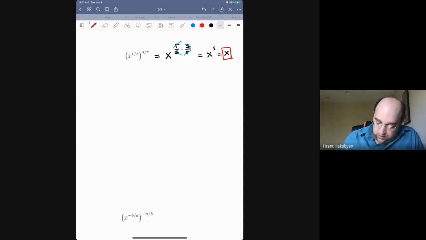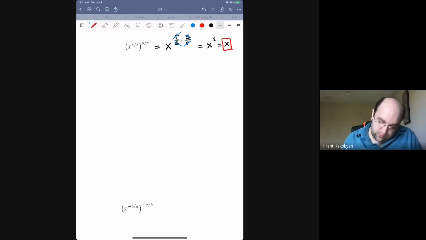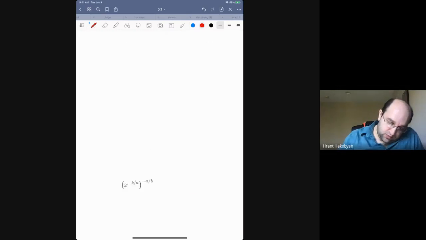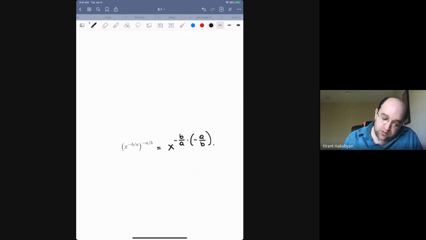Okay? And similarly for this other example, it's the same thing. I have x to power negative b over a times negative a over b. Okay, and again, everything cancels.